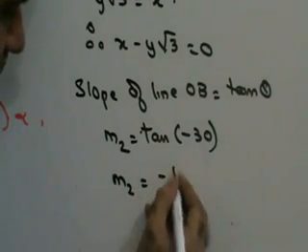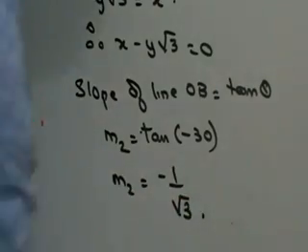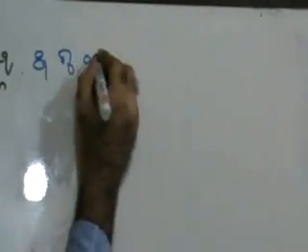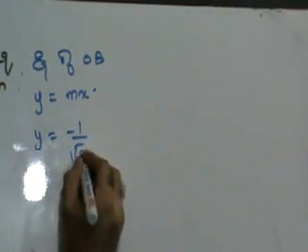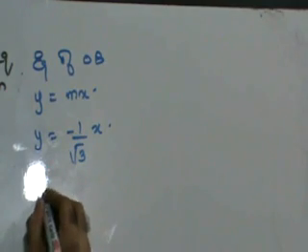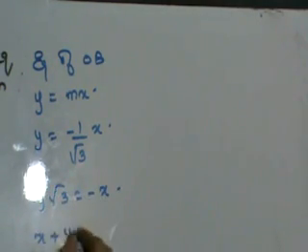So M2 will be minus 1 by root 3. Again, OB represents a line passing through the origin. Equation of line passing through the origin is y is equal to mx. Therefore, equation of OB will be y is equal to minus 1 upon root 3 x. So y root 3 is minus x, x plus y root 3 is 0.